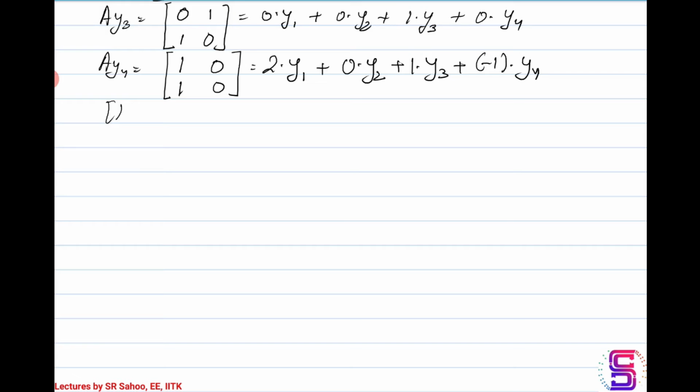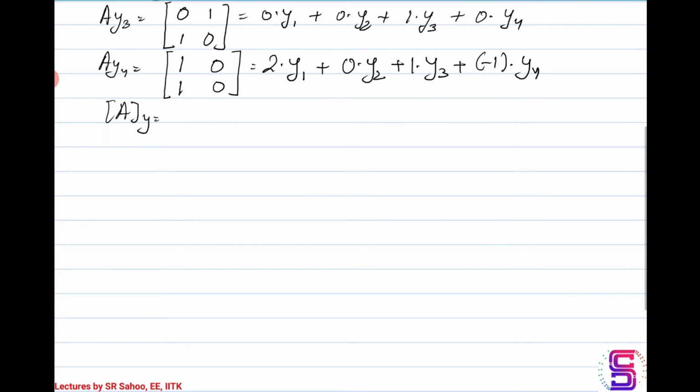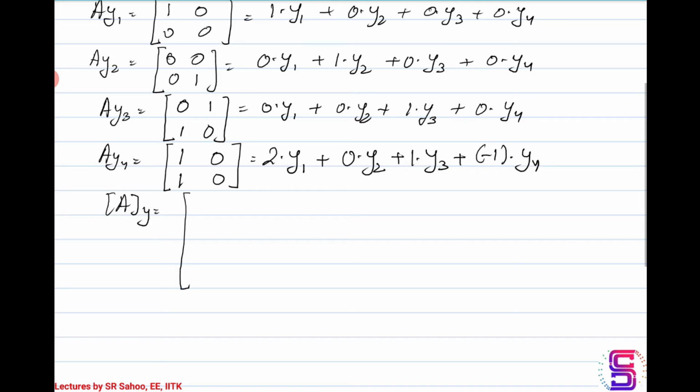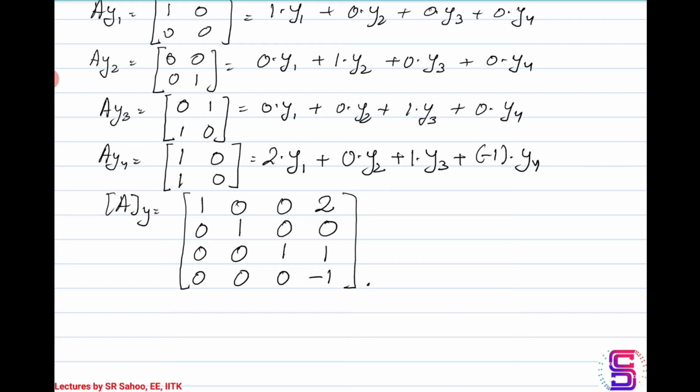So the matrix representation of A with respect to basis y is, let's see, 1 0 0 0, 0 1 0 0, 0 0 1 0, 2 0 1 minus 1. So if you notice, the matrix representation of the transpose operation with respect to basis x and with respect to basis y are different.